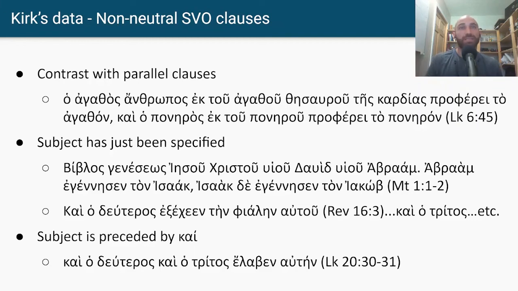And this makes sense, somewhat at least, right? Because it is the most dominant order. It would make sense that if it was possible to have both pragmatically marked SVO clauses and pragmatically neutral SVO clauses, it would be more frequent. It can occur in more environments.